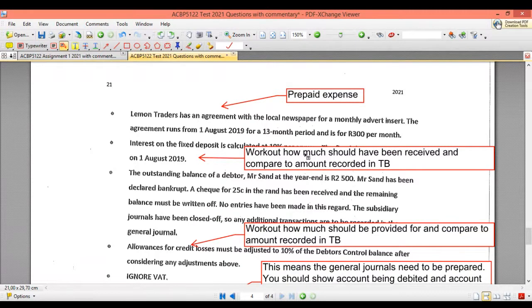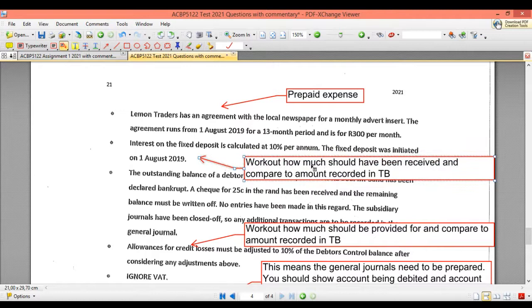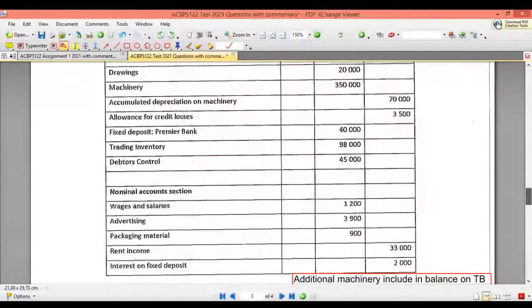Then we've got interest on your fixed deposit is calculated at 10% per annum, and that was initiated in the beginning of the year. So we need to work out how much interest should we have received on the fixed deposit and what is currently calculated. So if we just scroll back, our fixed deposit is 40,000. So if we take 10% of 40,000, that means we should have received interest of 4,000.